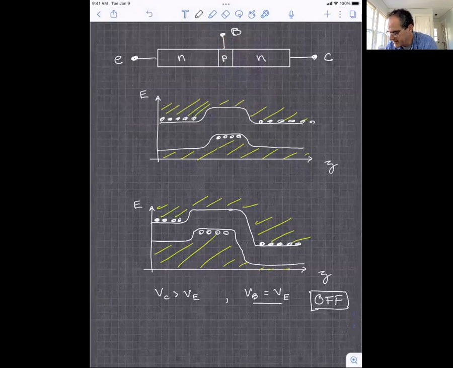So the electrons would like to flow from the base to the emitter, but they can't. They can't because there's a barrier between the base and the emitter here. And so this energy barrier between the emitter and the base prevents the flow of current. So the transistor is off.